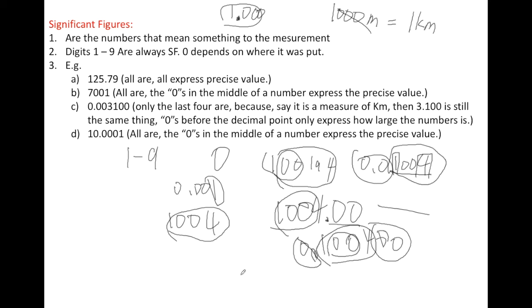So for example, we've got two numbers. Say we have this number here divided by say this number. And then the number of significant figures in the result should be the same as the number of significant figures in the number that has the least significant figures.